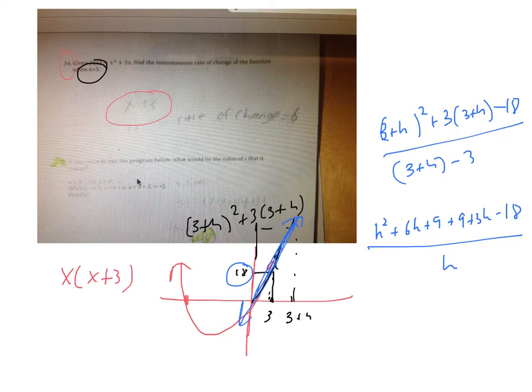And if we simplify this even more, we're going to get h squared plus 9h plus 18 minus 18 over h.